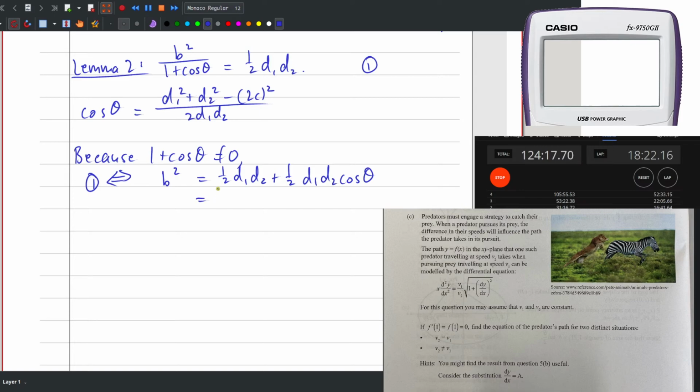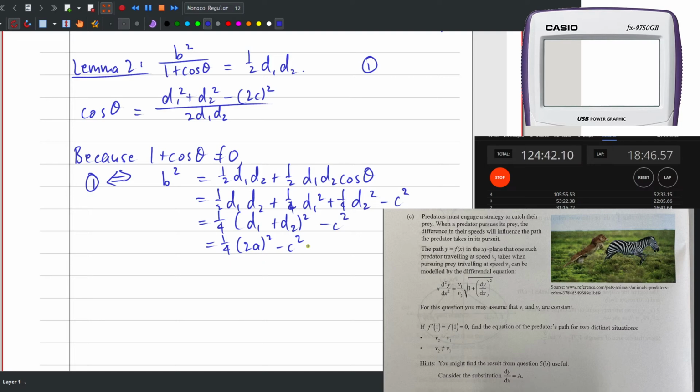Yes, it's all coming together now. So a half d1 d2 plus a quarter d1 squared plus a quarter d2 squared minus c squared, which is equal to a quarter of d1 plus d2 squared minus c squared, which is of course a quarter of 2a squared minus c squared, because d1 plus d2 equals 2a, the definition of an ellipse, right?